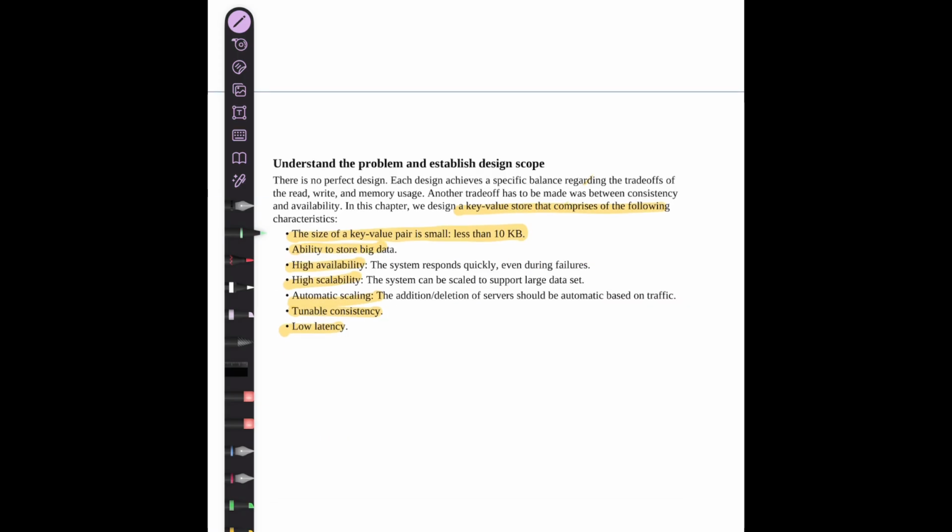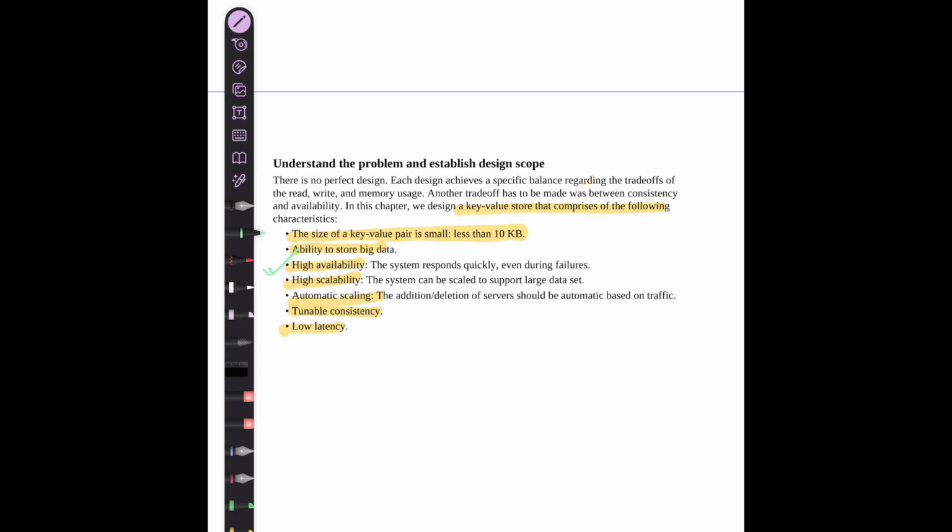So when we say designing a key value pair, what all do we need to take care of? The size of each key value pair must be small. You're not storing a key and a corresponding paragraph to it. Then you should be able to store big data. Then the system should be highly available.